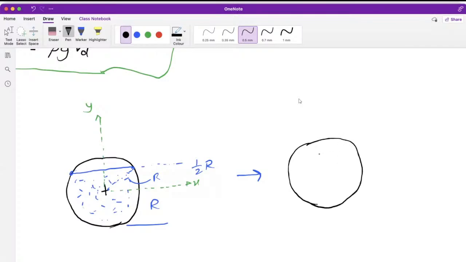Oops, it removed this whole thing. Okay, I have to redraw this. This is the shape that we want to integrate, right?